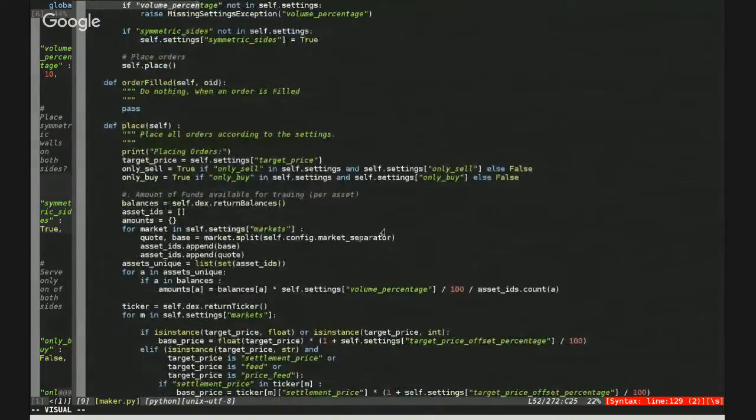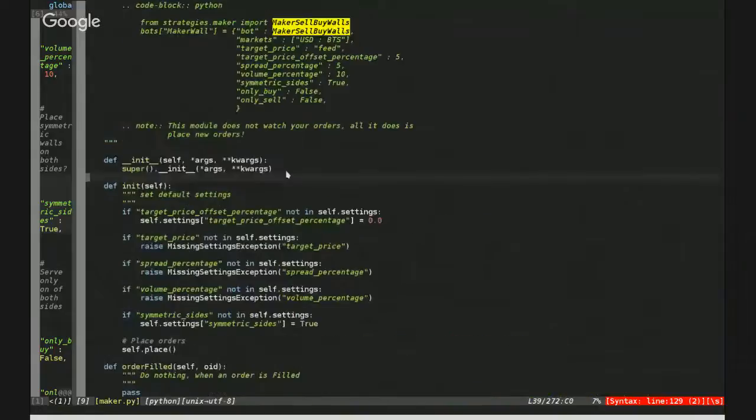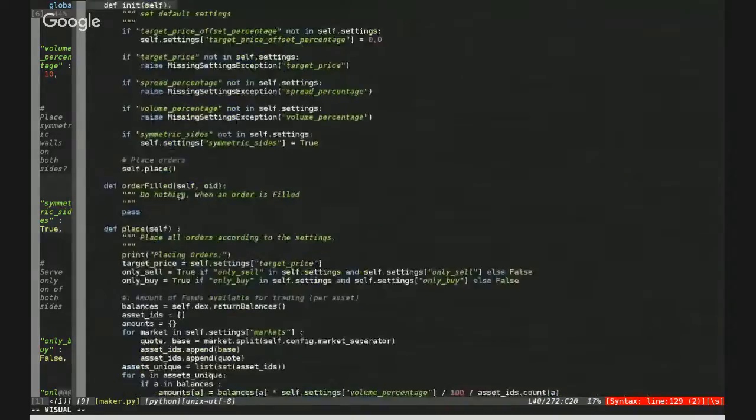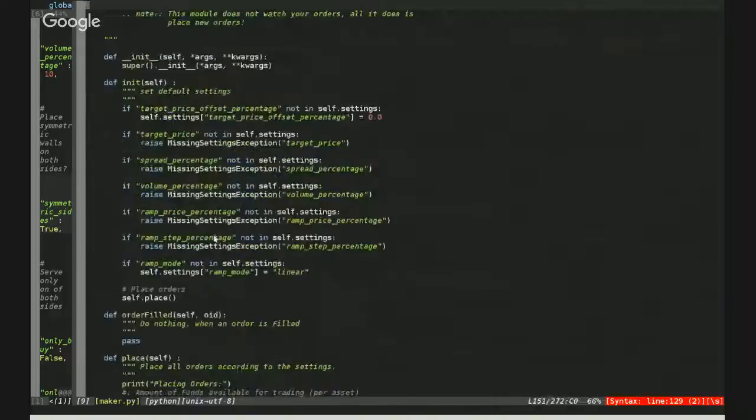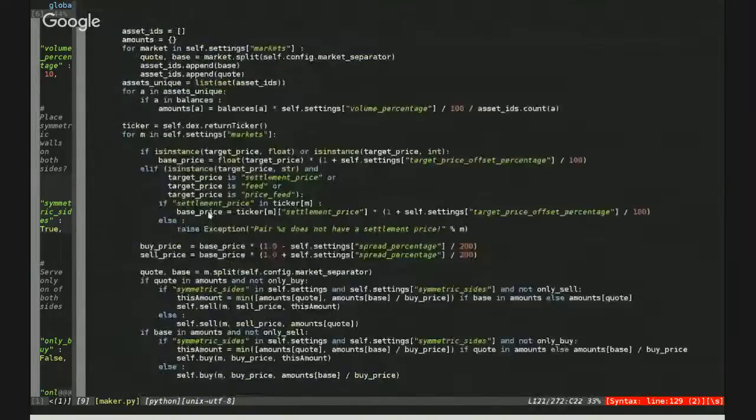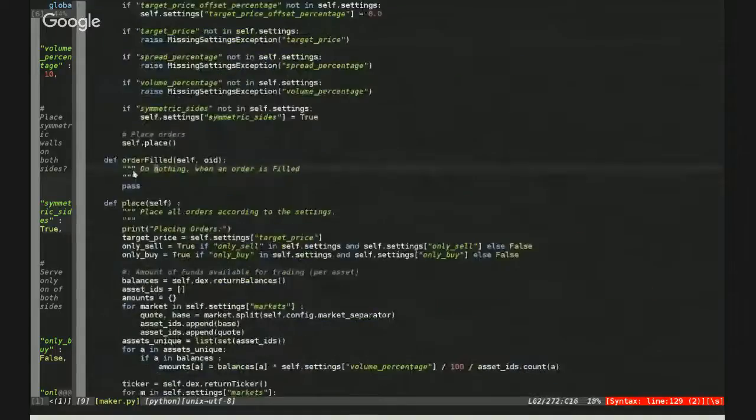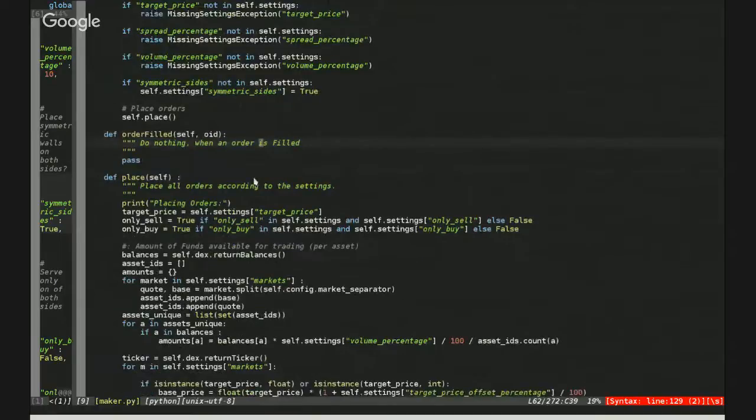Order failed is also called when the order is cancelled or expired. When it is expired, that might be, but that shouldn't be. We can take a look later when we look into the base strategy, but it shouldn't be the case. There's another thing that is called, I don't have it over here. This should really be called only if an order is fully filled, not even partially filled. This thing is called then fully filled. Cancelled, I'm not sure. We can take a look in a minute.